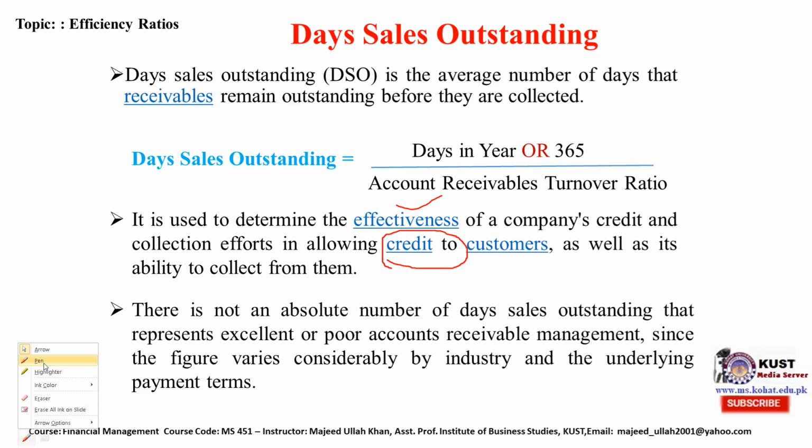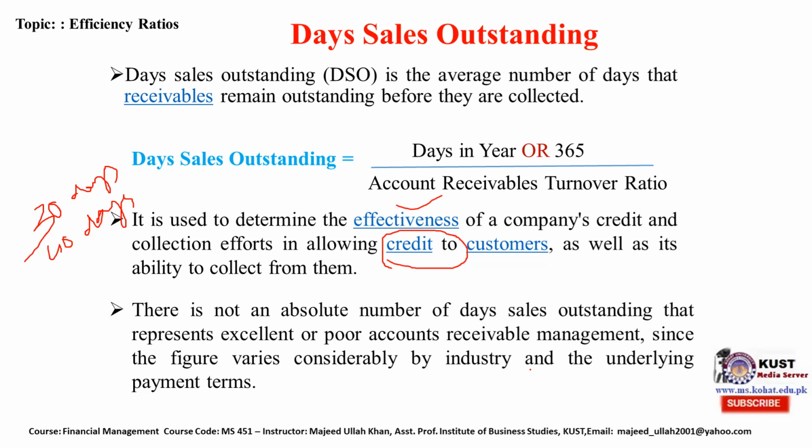We cannot say that a 30-day collection period is good, a 40-day collection period is good, or a 60-day collection period is good. So there is no absolute number of days sales outstanding that represents excellent or poor accounts receivable management. As I told you earlier, a single ratio does not communicate anything to the investor or analyst.